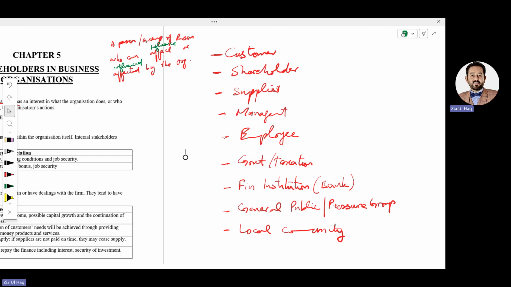You shouldn't ignore any of the stakeholders. Otherwise, you might have taken the decision against that stakeholder, and his support will not be there. Without stakeholder support, your business cannot survive. And these stakeholders are supporting you for their benefits as well. If you stop providing benefit to any of the stakeholders, they will not support you. And if they will not support you, your business will not survive.